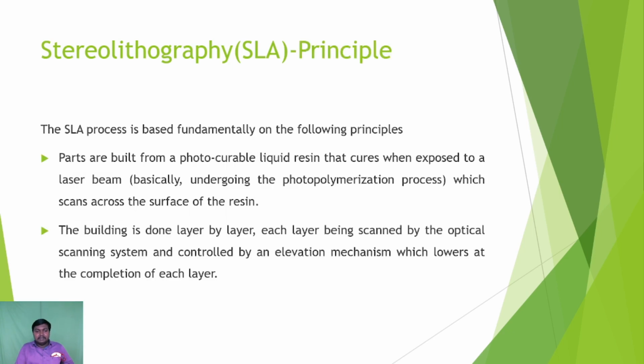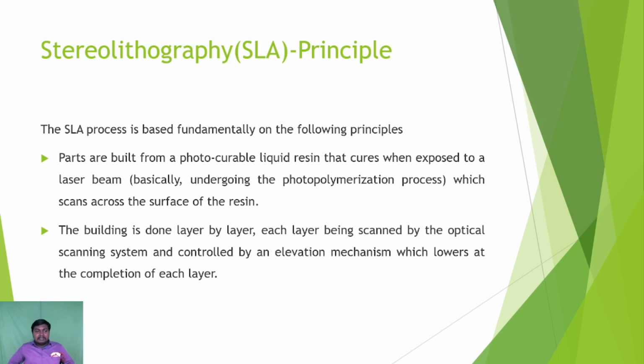And next, I listed the principles, the same thing. I will read. The SLA process, selective laser apparatus, is based fundamentally on the following principle. Parts are built from photocurable resin that cures when exposed to a laser beam, which scans across the surface of the resin.